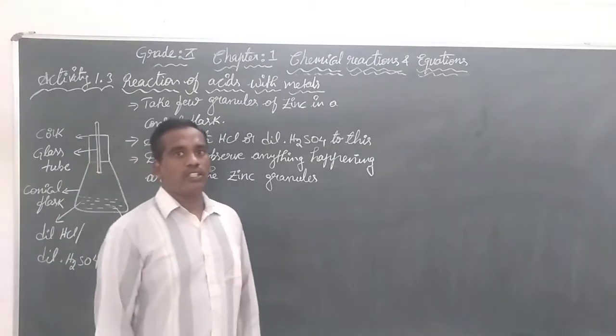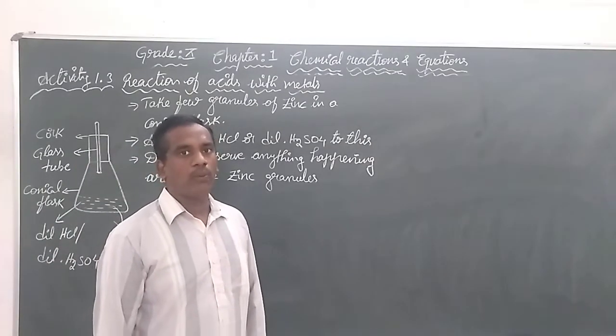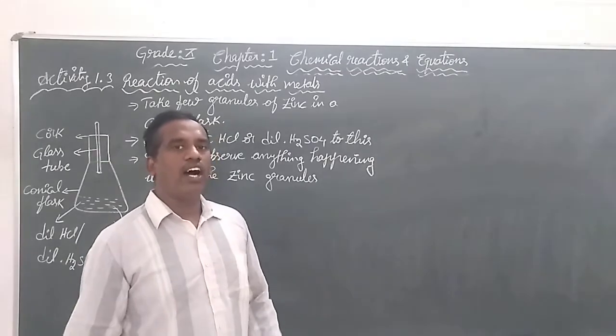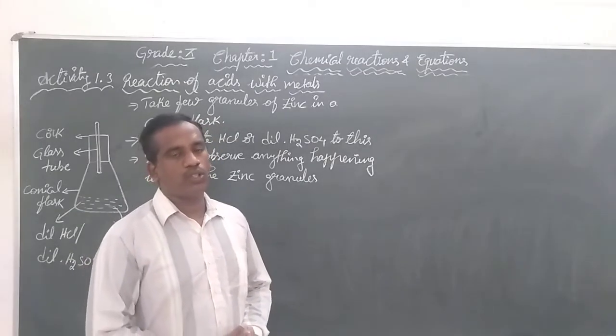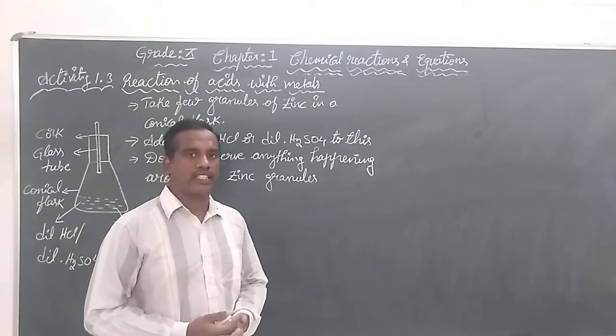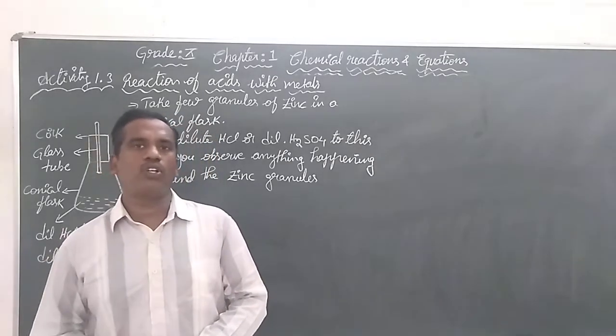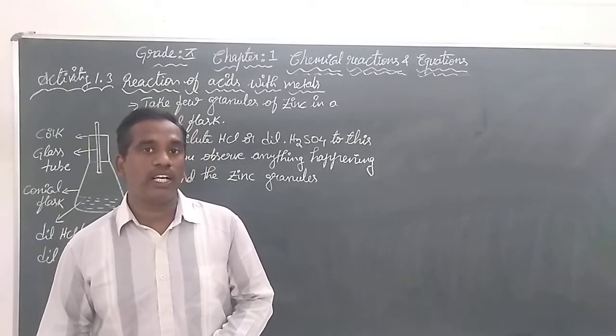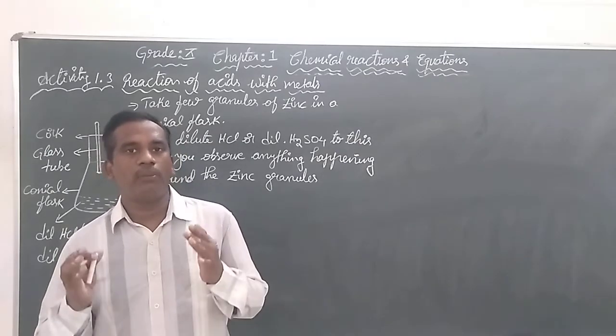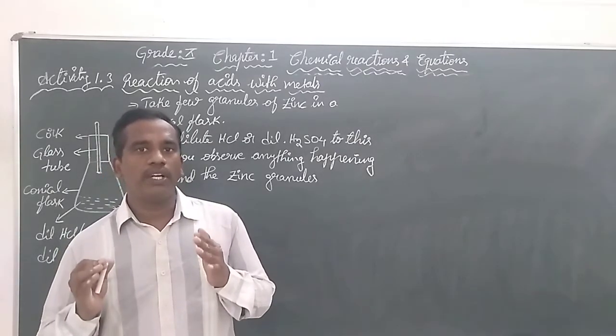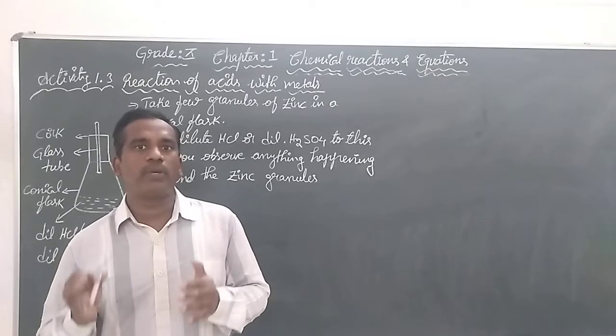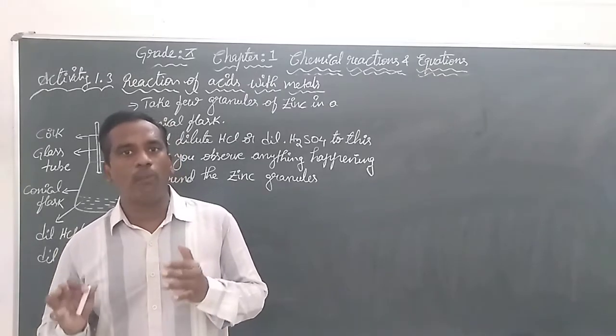In this session, we are going to continue with the next observation that we can make during a chemical reaction. Up to now, we have observed two observations in chemical reactions. That is, when a magnesium ribbon is burned, it forms powdered magnesium oxide.